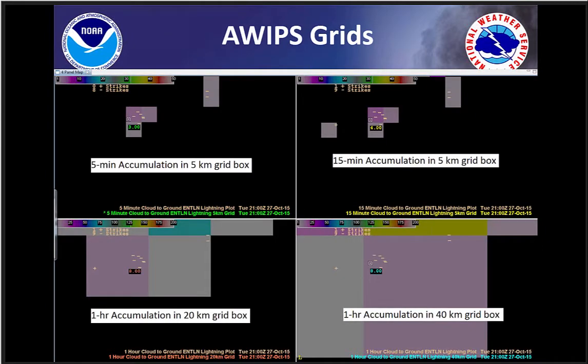So in terms of the grids, you'll hear terminology like flash density and other ways of gridding lightning data. In AWIPS, basically what happens is when you select the menu option for a lightning grid, it takes the point data and grids those up on the fly over the domain that you have displayed.